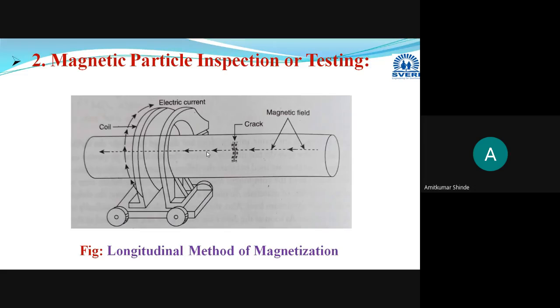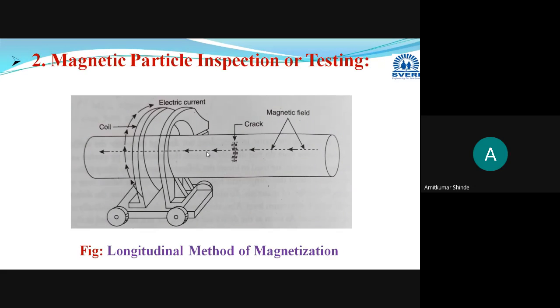Some restrictions are there related to the thickness. If the component is very thick and the crack is present deep inside, at a distance of more than 2 inches from the surface, then it is not possible to detect the defect by magnetic particle inspection.